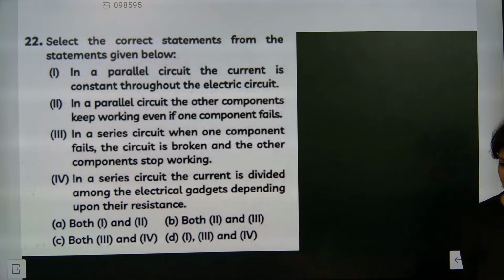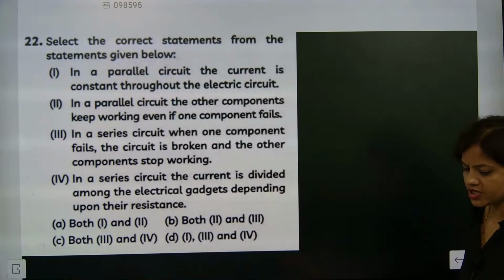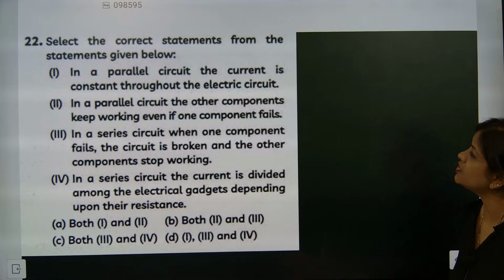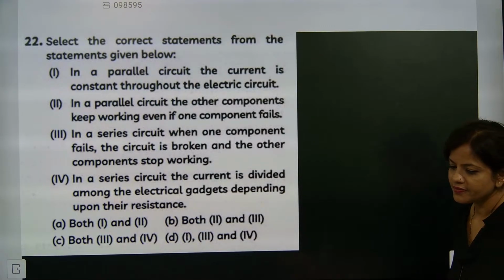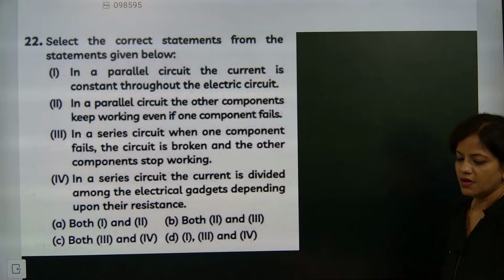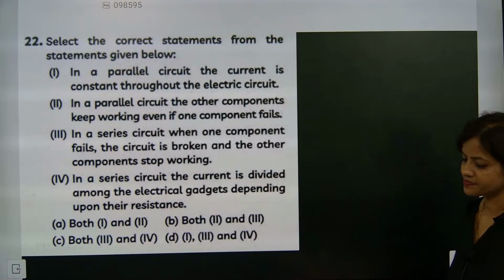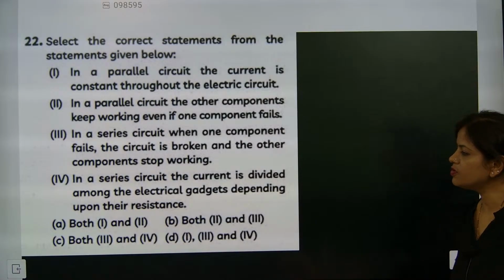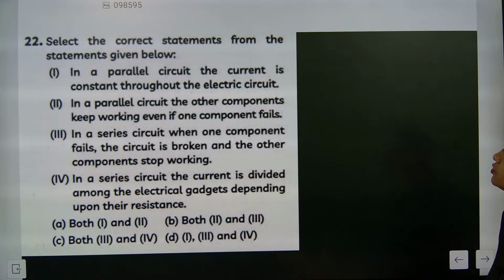Check this question. Select the correct statement from the statements given below. In a parallel circuit, the current is constant throughout the electric circuit. The question is asking for the correct statement.